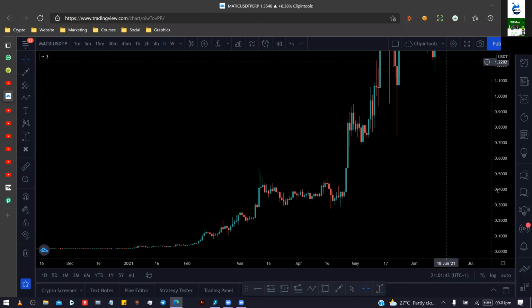Analyze AVAX. Analyze LTC and analyze Link. Analyze Rune, Sol, AVAX, Link, and LTC. Draw your support and resistance lines, trend line and horizontal line, and send it to me. That's your assignment. Analyze the following.